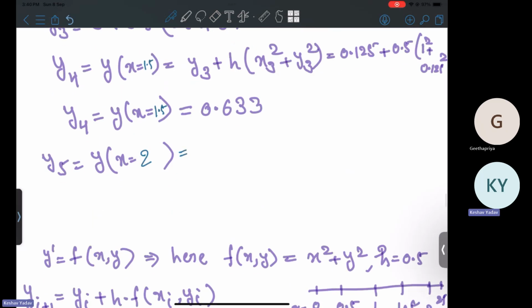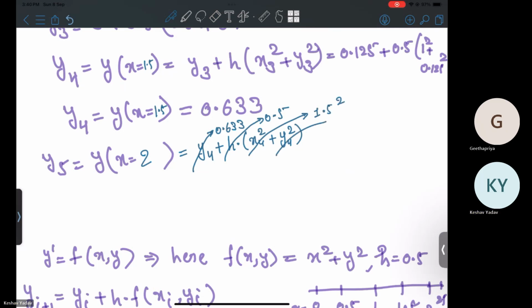So this will be equal to y4 plus h multiplied by x4 squared plus y4 squared. So you put 0.633, h is 0.5, x4 is 1.5 squared, and 0.633 squared. Then you calculate the value.